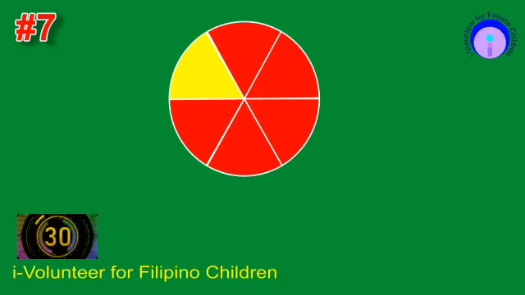Item number 7. Is your denominator odd or even? You still have 5 seconds to finish.